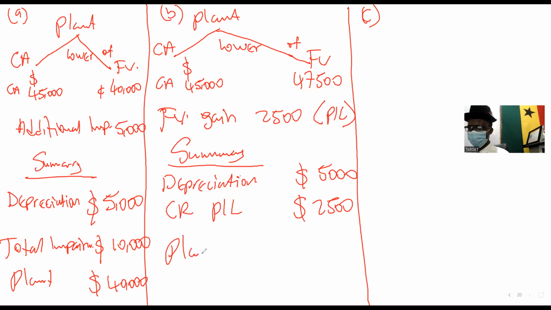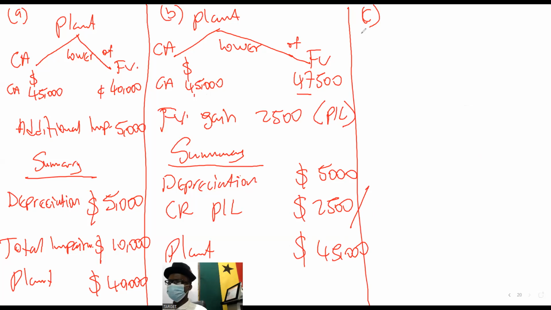P&L. So the plant is to be measured at the lower of fair value less cost to sell and its carrying amount. So you still have to include $45,000 here. And the other entry goes to the reserves. So we can debit the other reserves and then we move on with the gain.